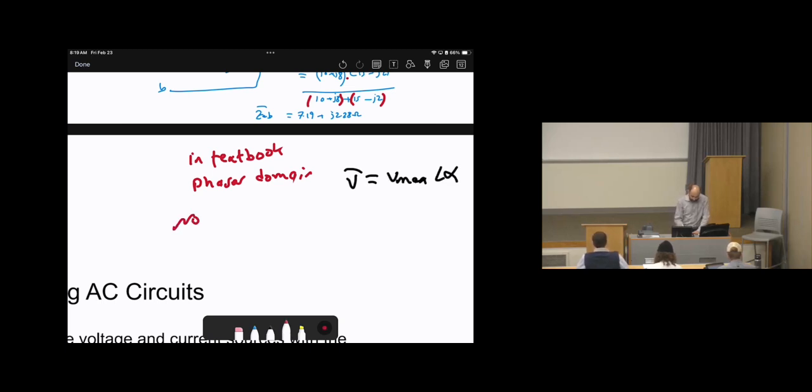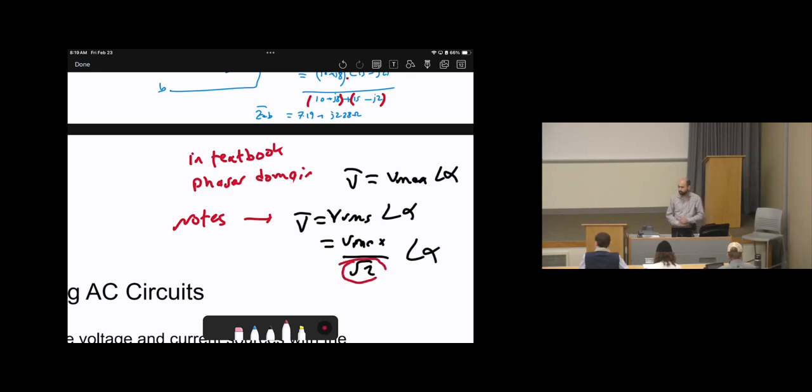While in our notes, we use V bar equal to V RMS angle alpha, or in other words, V max divided by square root of 2, angle alpha. So we have divided by square root of 2. This is a difference between the textbook in chapter 5 and our notes.